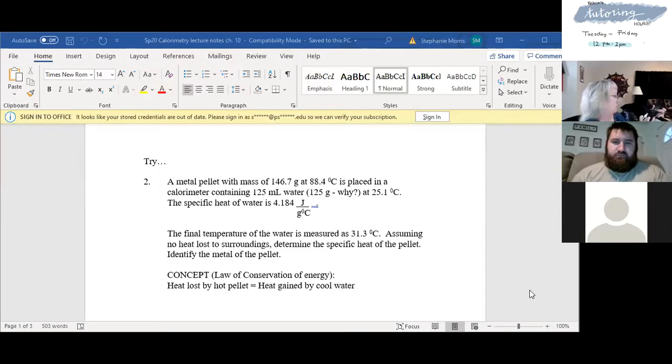Is it the final minus the initial? Well, just tell me what number you would get. What minus what? It would be the 88.4 minus the 25.